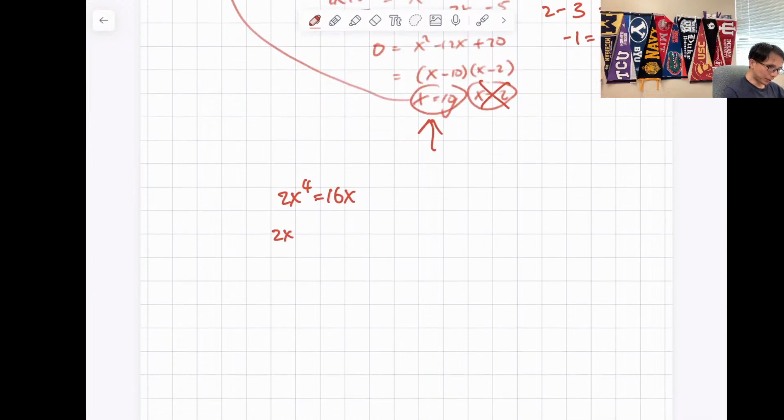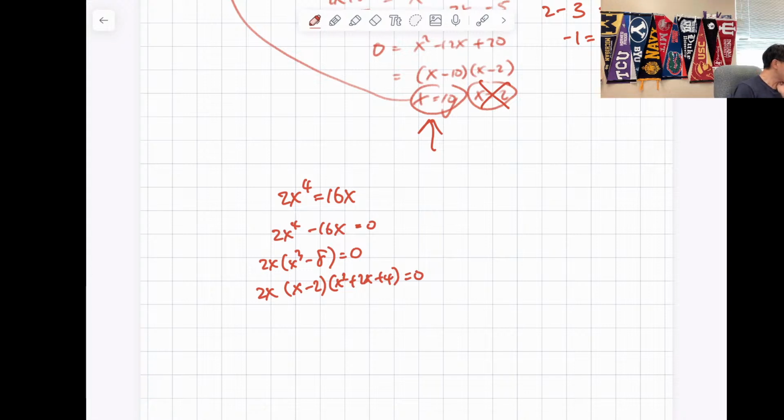So it'll be 2x to the 4th minus 16x. And what he did, he multiplied by GCF. And this you can factor more by sum and difference of a cube. Do you guys remember that? So it'll be x minus 2 times x squared plus 2x plus 4.